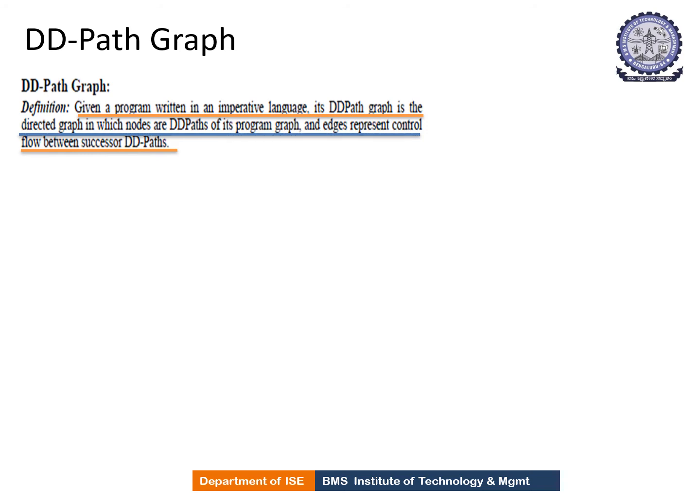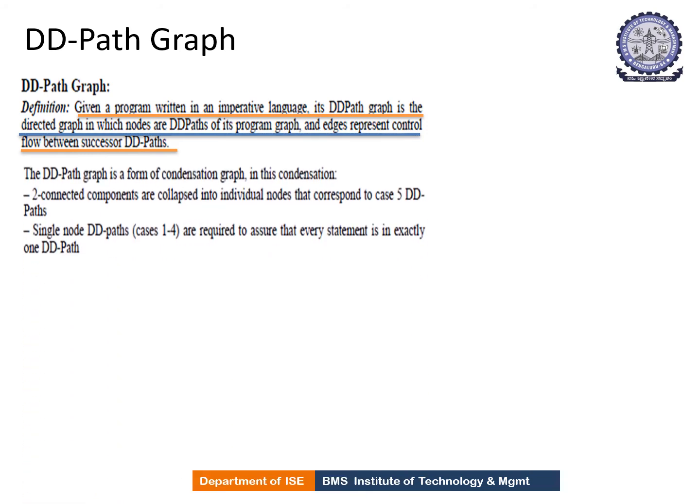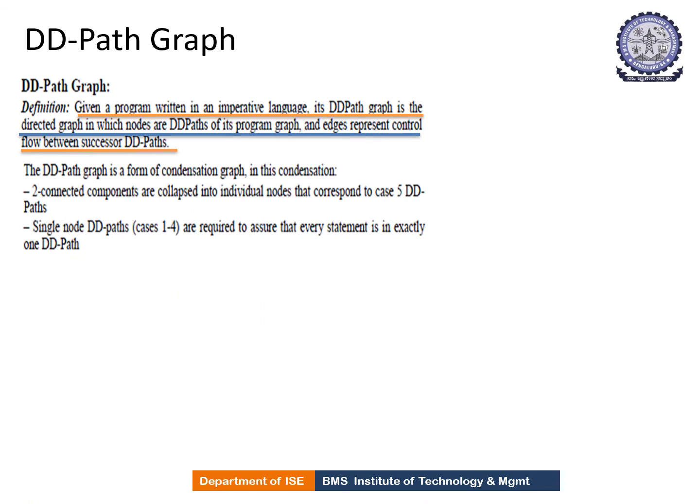It's a condensed graph derived from the program flow graph. The DD path graph is a form of condensation graph. In this condensation, two connected components are collapsed into individual nodes that correspond to case 5 DD paths.